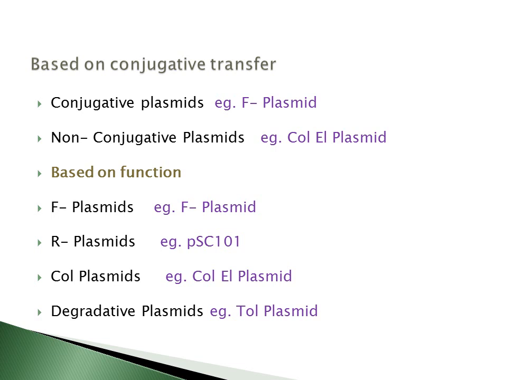COL plasmid can code for the synthesis of a bacterial toxin, which is colicin. Colicin kills other closely related strains of bacteria.